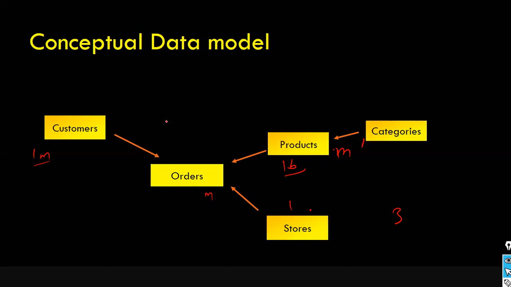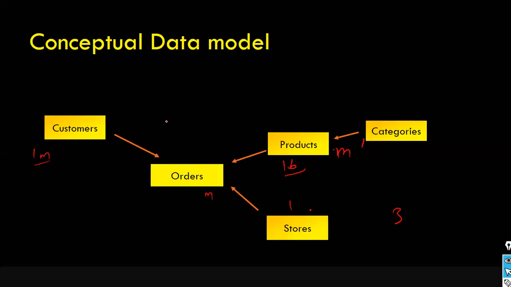The next one is the logical data model. It is an extension of the conceptual data model. The data architect, the data analyst, or the business analyst move from the big picture of the conceptual data model to the logical data model.